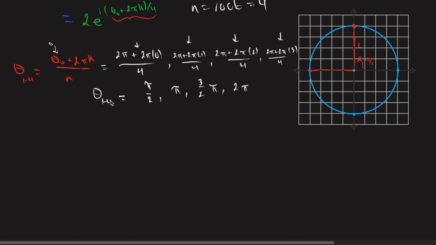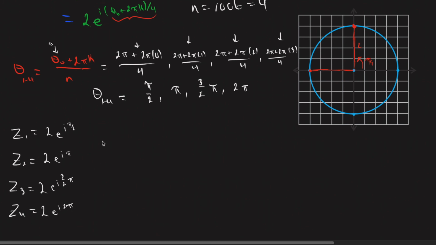So we're going to get that Z1, Z2, Z3, and Z4 are equal to 2, which is going to be the same, and the only thing that's changing is our angle. So this one is going to be pi over 2, pi, 3 over 2 pi, and then 2 pi.